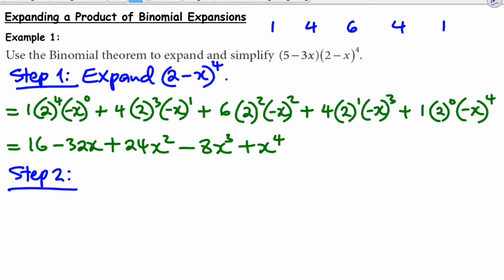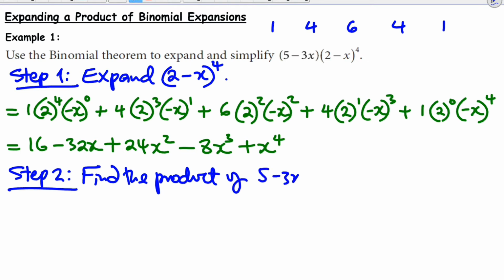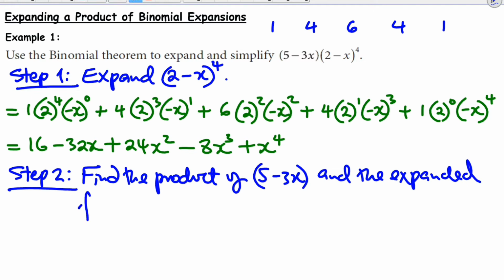So step 2 will be to find the product of 5 - 3x and the expanded form of (2 - x)^4. We already have the expanded form of (2 - x)^4.